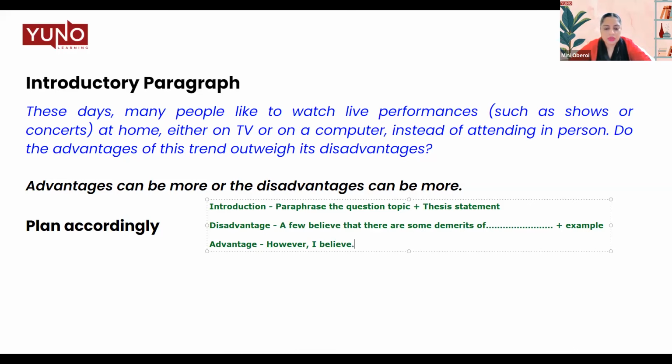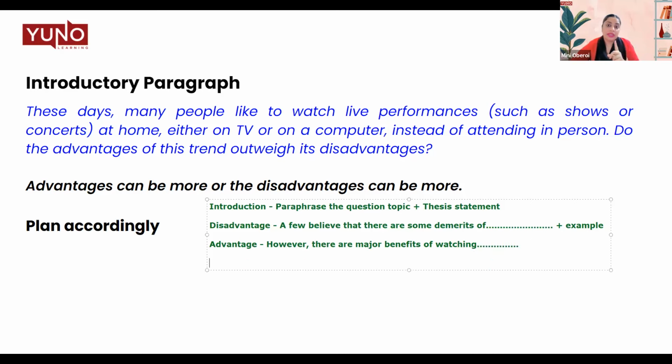You can start like this also, or you can say, however, there are also benefits of this trend of watching the programs sitting at the comfort of your home. For instance, it can be economical, right? And then we give the example, like I gave you the example of Netflix and Amazon subscriptions.